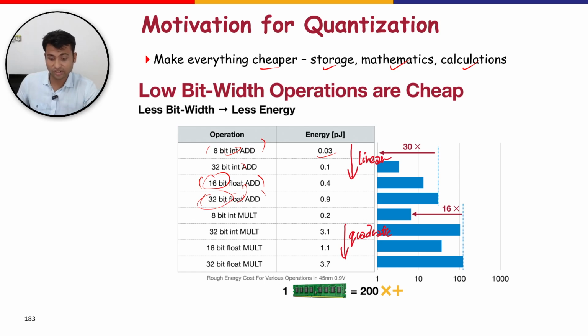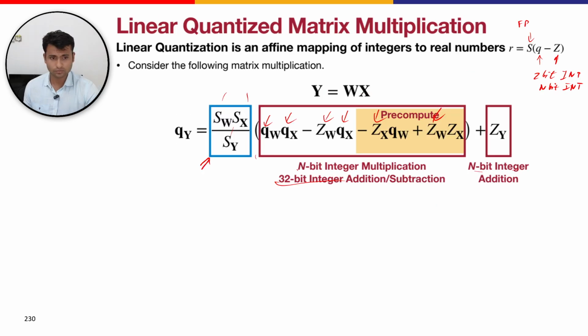Instead of doing 32-bit multiplication, we're saving on energy, on calculations, on mathematics, and on memory as well, if we just reduce the bits. So we're saving a lot of energy and computation when we represent it in this format for calculating y as opposed to doing floating point operations. And then we have an n-bit integer addition.